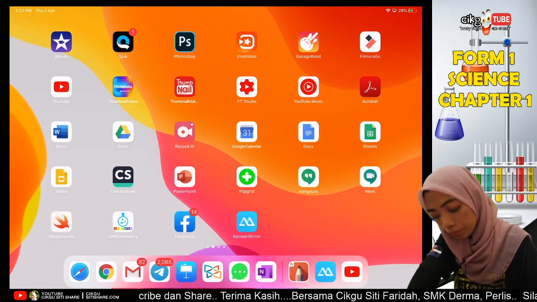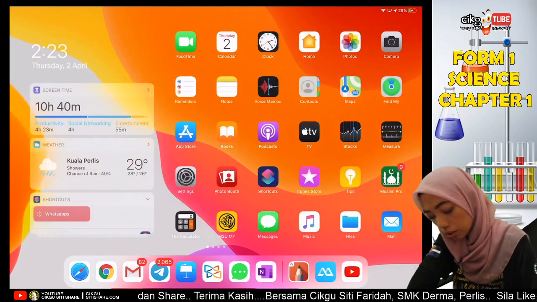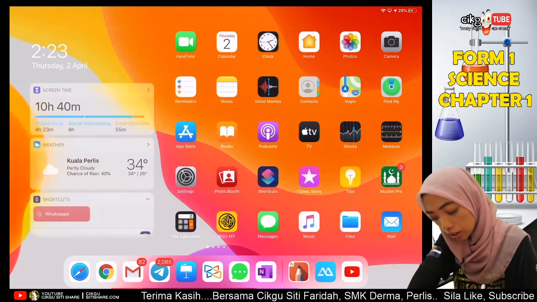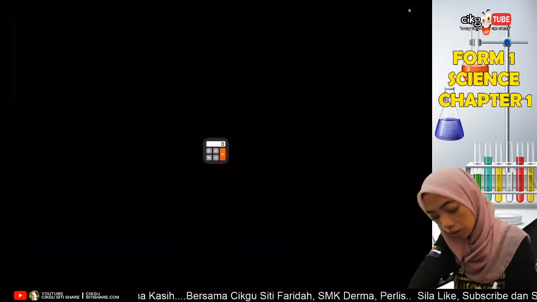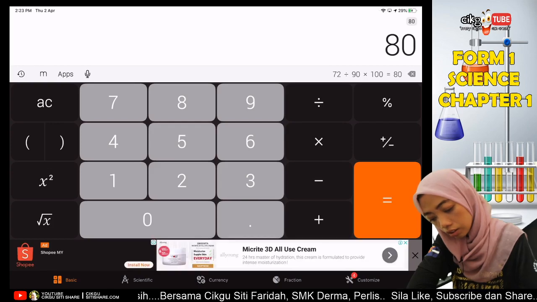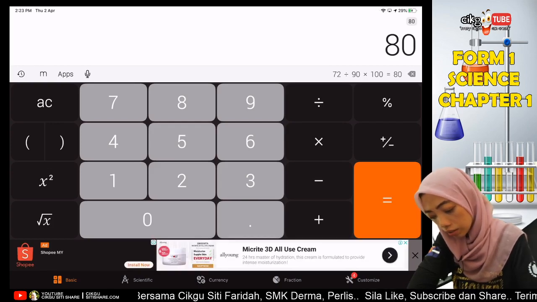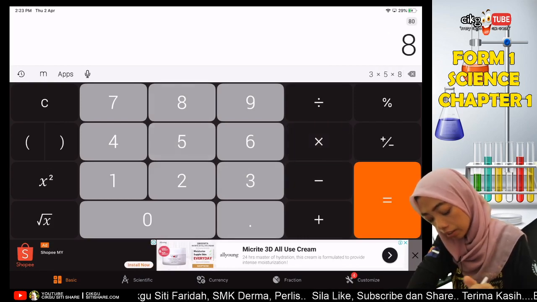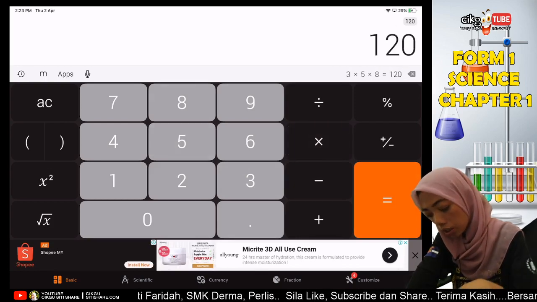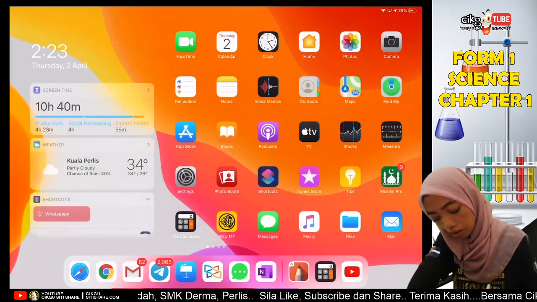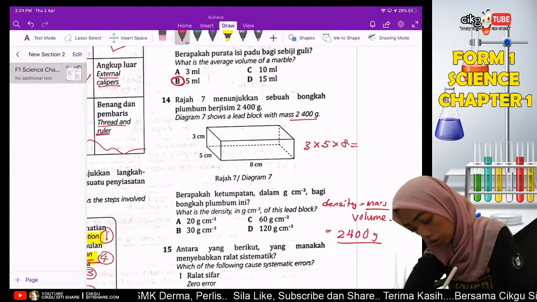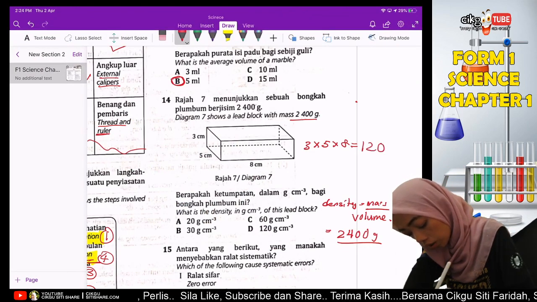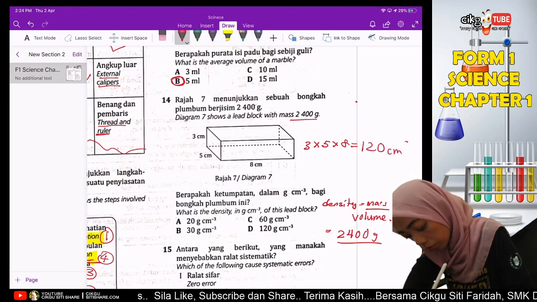So, what is the answer for the volume using the formula of a rectangular block? Let's find my calculator. 3 times 5 times 8 equals 120. 120 cm cube.